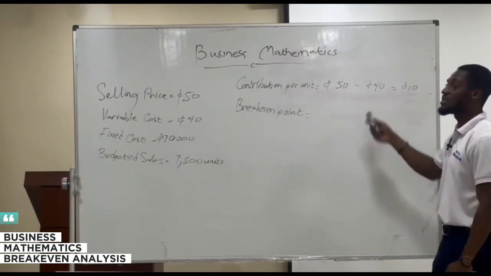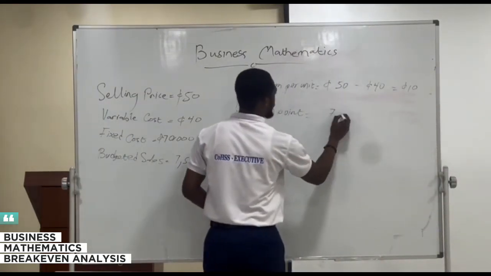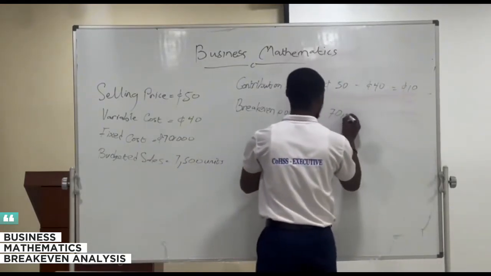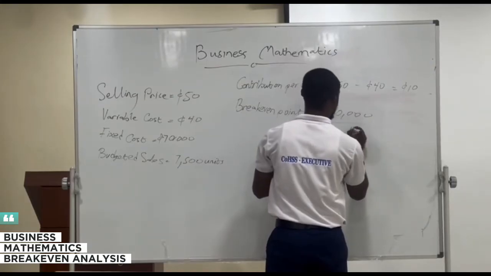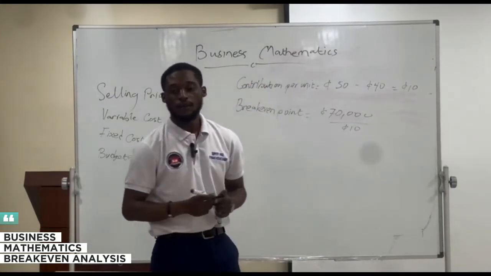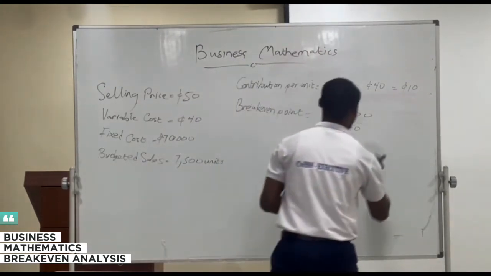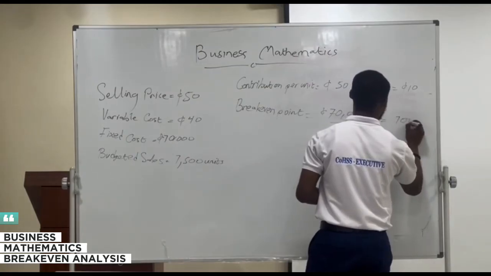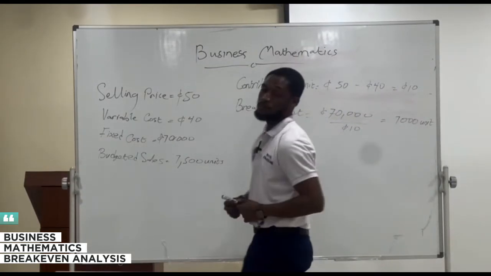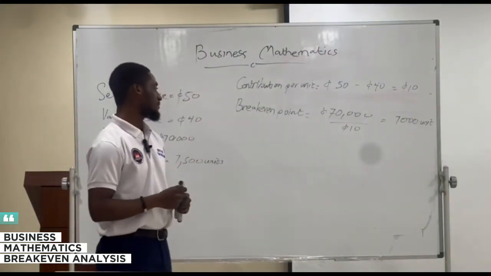So we divide our fixed cost, as stated in the question, 70,000, by 10 cedis to get 7,000 units.